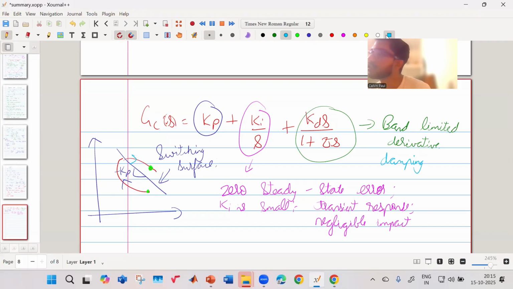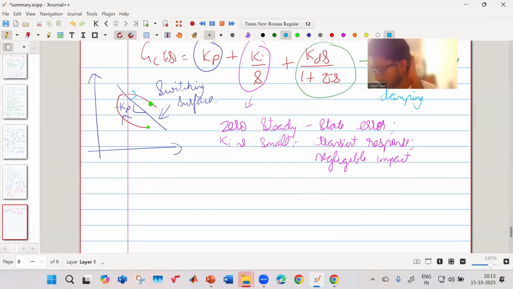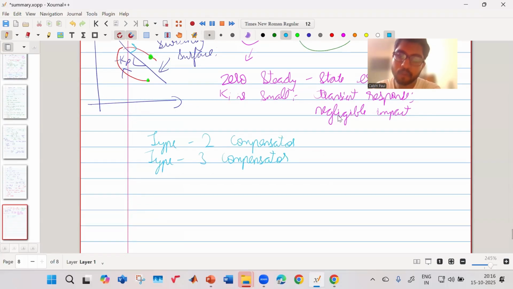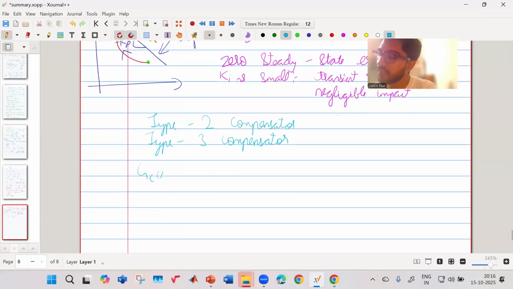Now, any other controller which you have come across, which we have discussed? Yesterday we discussed type compensators. You have type 2 compensator, type 3 compensator, etc. Where your GC of S has an integrator in your controller.